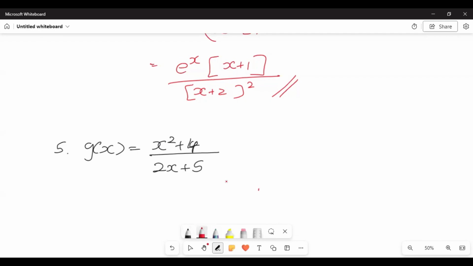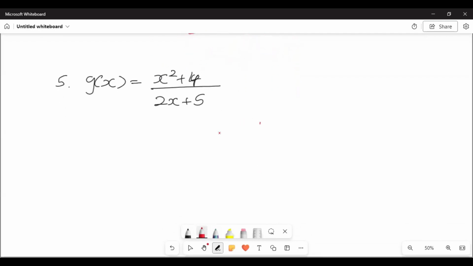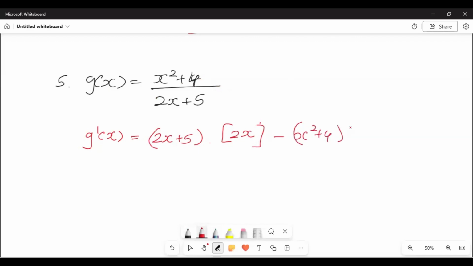So for that, g dash x equals 2x plus 5 times, for x to the power of 2, it's going to be 2x plus 0, minus x to the power of 2 plus 4 times 2, divided by 2x plus 5 to the power of 2.